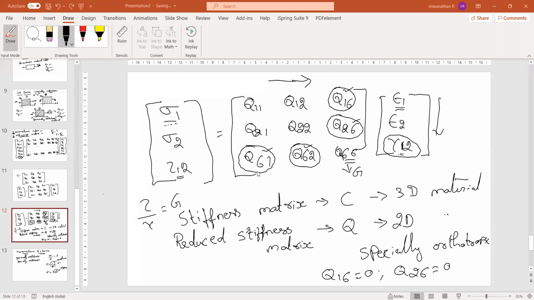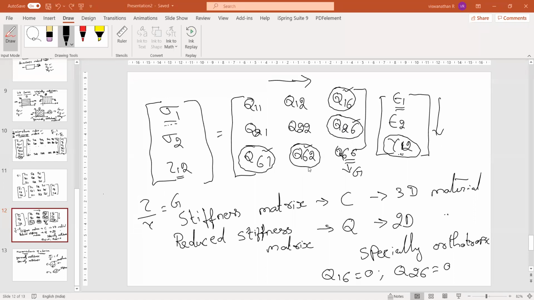Q61 and Q62 are zero, so you'll have only this term. So only the shear modulus G and the shear strain will be there. All other terms are zero. Q16, Q26, Q61 and Q62 are zero.